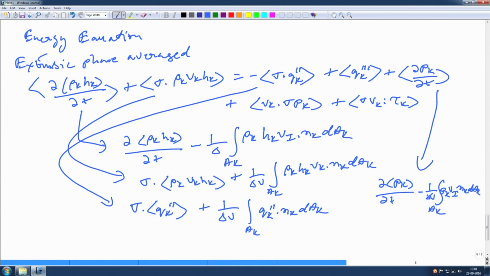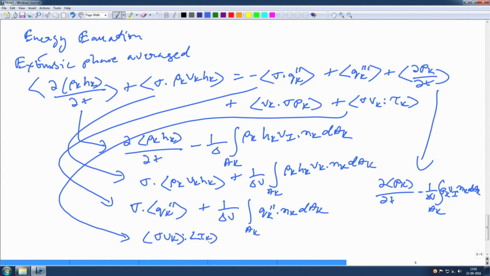Similarly, the contraction part, this particular part of the expression, tau k is almost equal, this is equal to that, and this is equal to v k tau k plus 1 over v, integral over ak of pk nk dak contracted on the tau k. That is the expression that you get.